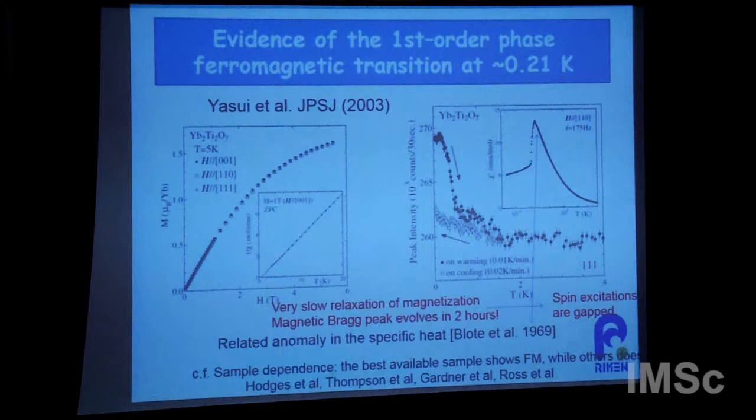They observe a sharp increase on cooling the sample at around 0.2 or 0.25 Kelvin. But actually, they need to wait for some time to see the change in intensity.